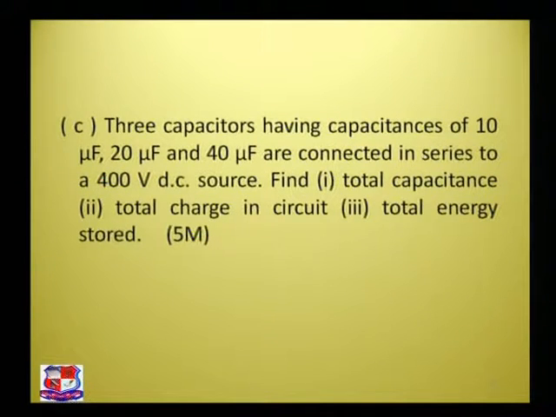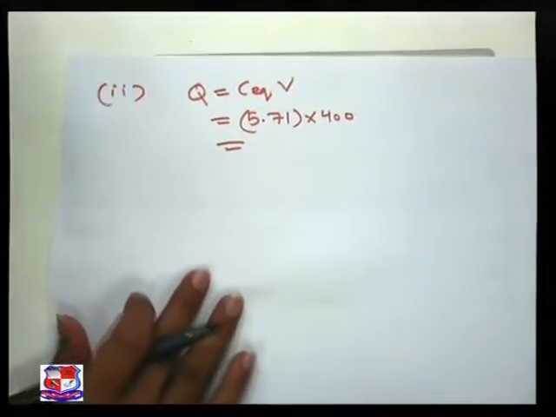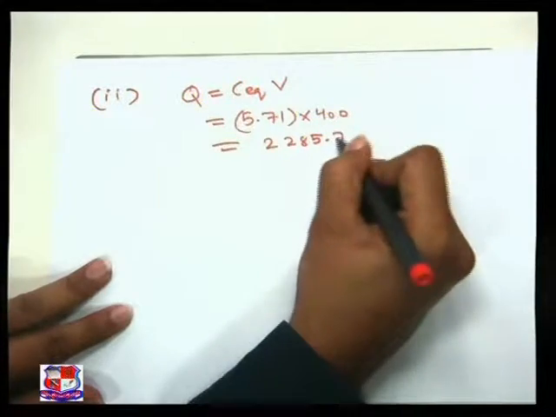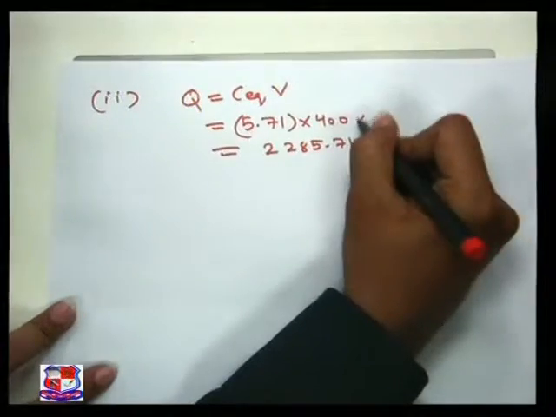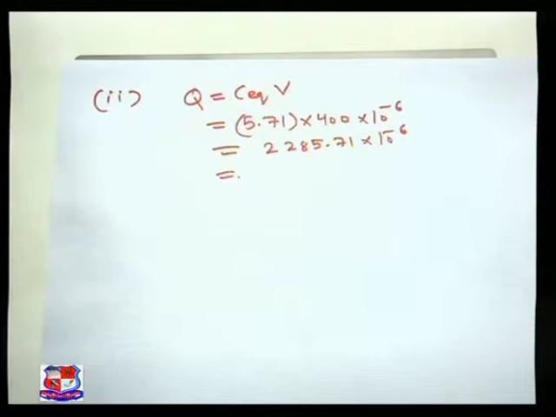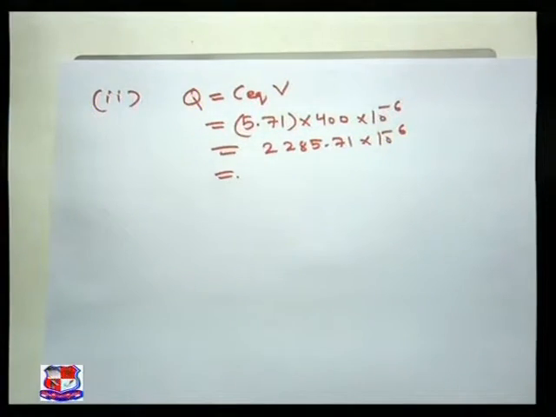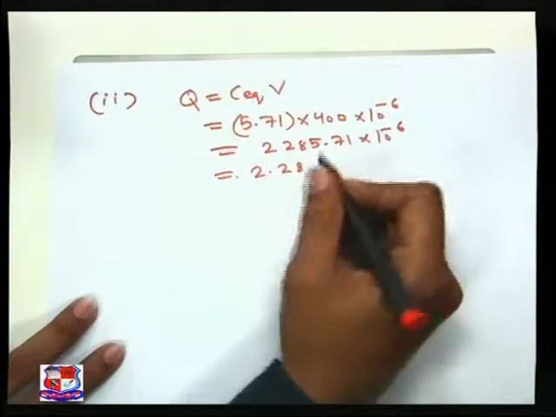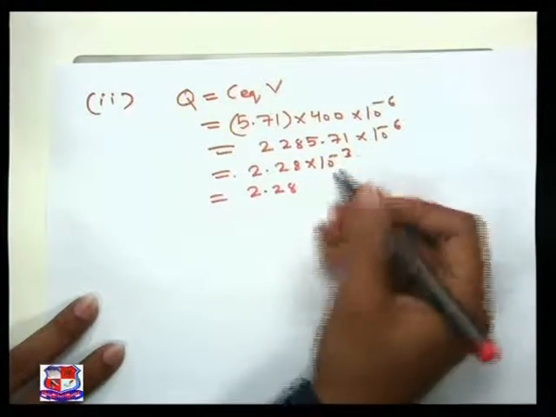So directly multiply 5.71 into 10 raised to minus 6 by 400, and you will get 2.28 into 10 raised to minus 3, or you can write 2.28 millicoulomb.